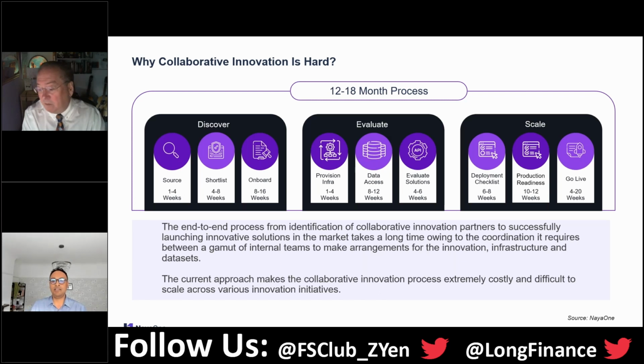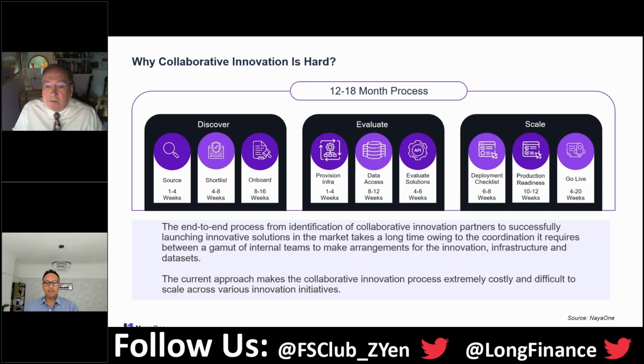And if you look at the start of the funnel a few slides ago, when you're in the ideation mode and trying to evaluate who can help you in the market, that's a big barrier to get through. And as you see in the current slide, from a discovery point of view, trying to work out who you should be working with, trying to shortlist them, and we've generously put onboarding them at 8 to 16 weeks, but it can sometimes be much longer.